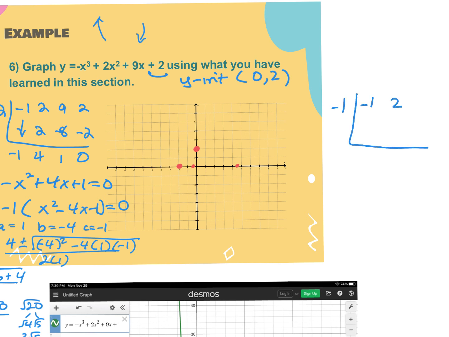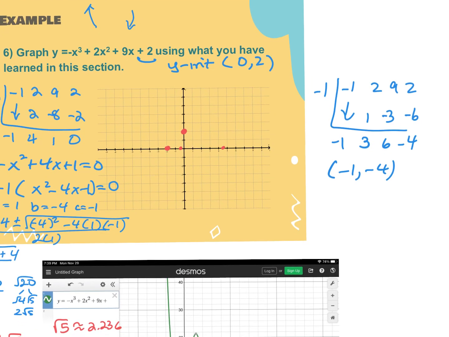So -1, 2, 9, 2. Bring down. I'm going to multiply, add the column, multiply, add the column, multiply, add the column. So I'm going to graph -1, -4 as an additional point. And then I'm also going to do synthetic with +1: -1, 2, 9, 2.